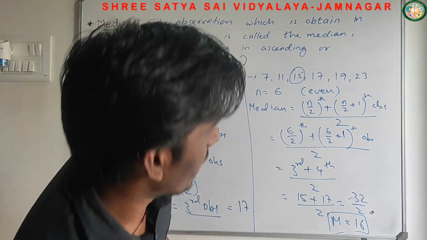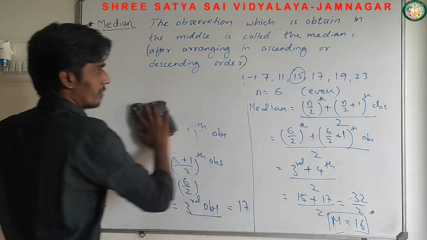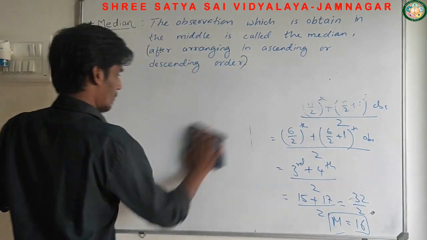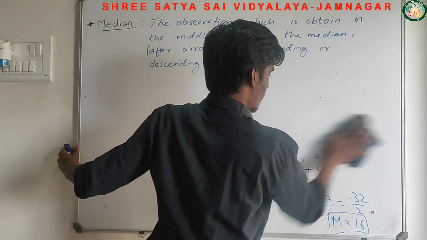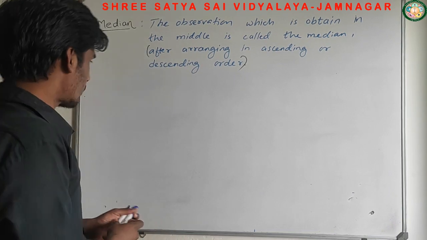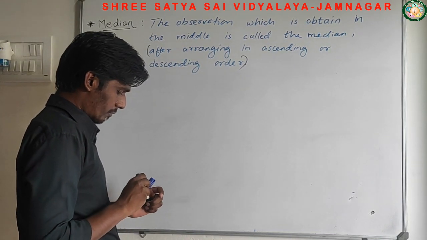Now before starting grouped data, I have to explain about the CF, cumulative frequency. Let's take one convenient example for you.